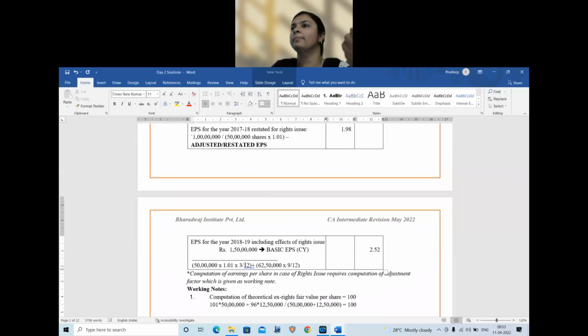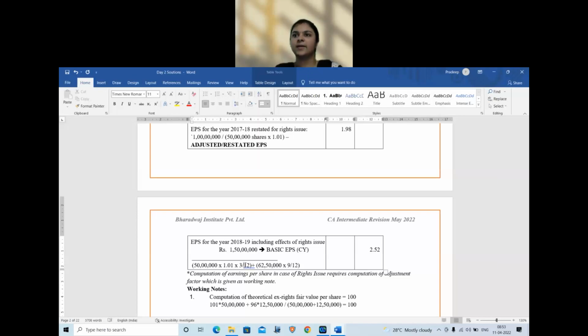How much? 12 months weightage. So into 12 by 12, we will do the weightage. So for bonus, directly add the number of shares. Only for rights, we will multiply the adjustment factor. Okay. So this is about restated EPS or adjusted EPS for bonus issue and rights issue.